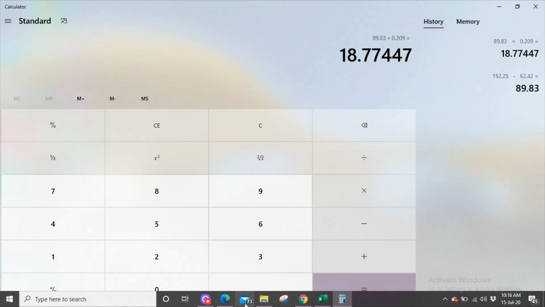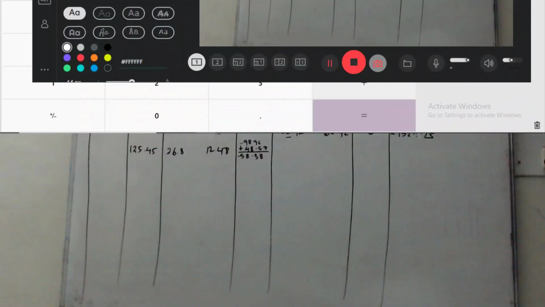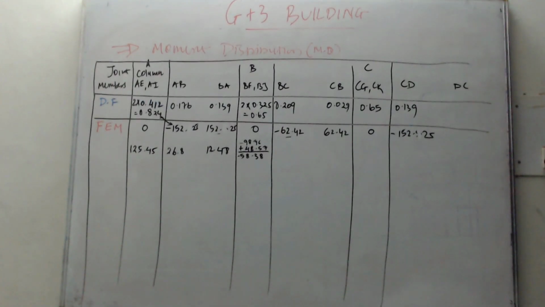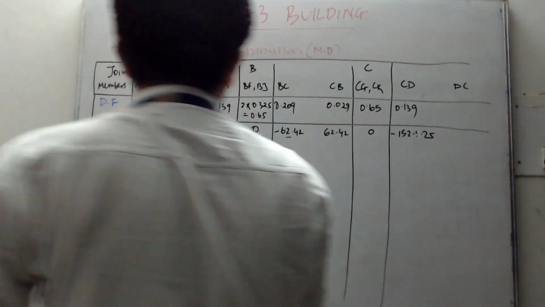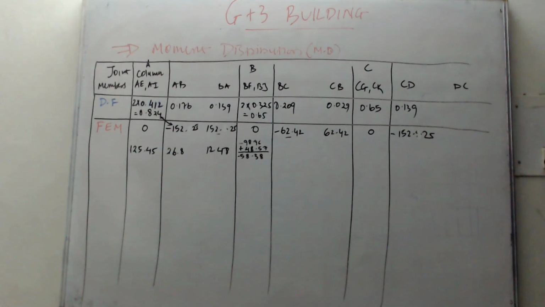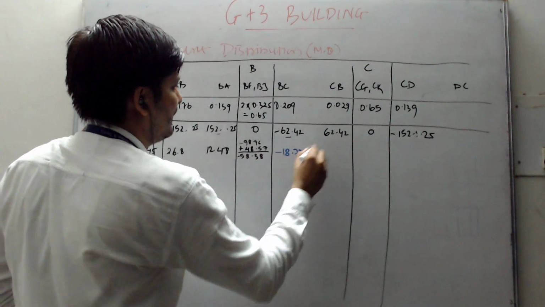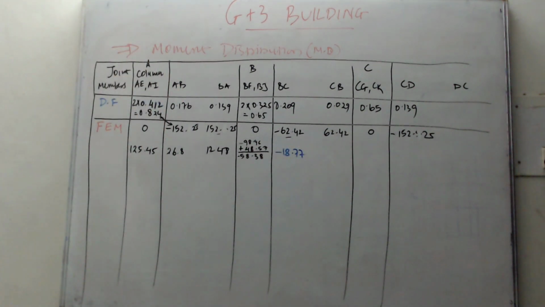So let's go back to the board. Let's write down this value over here, 18.77, right? Here it will be negative 18.77. And on the other side also we are going to do the same process, right?